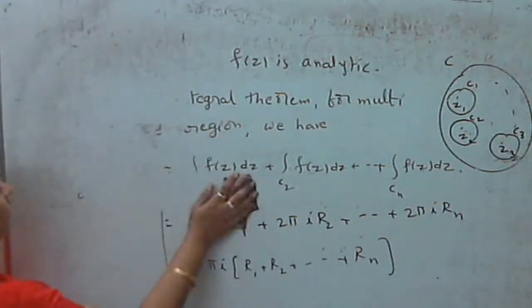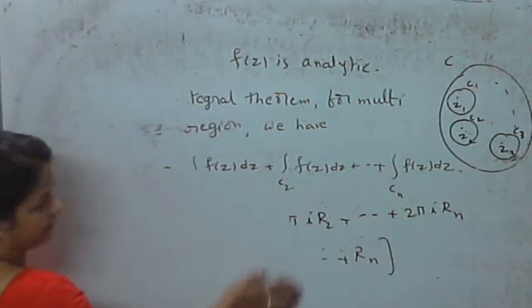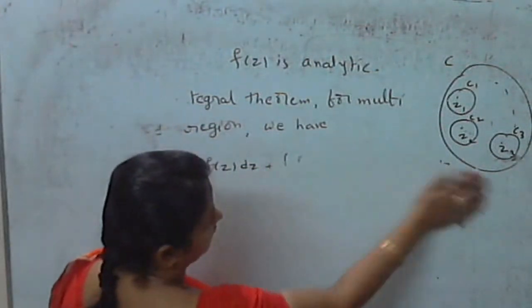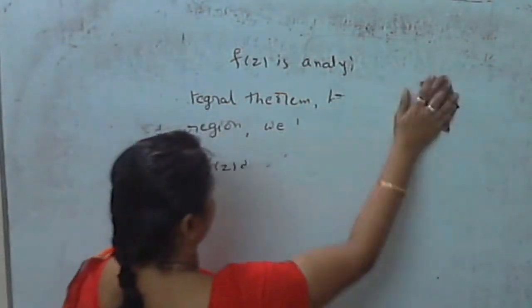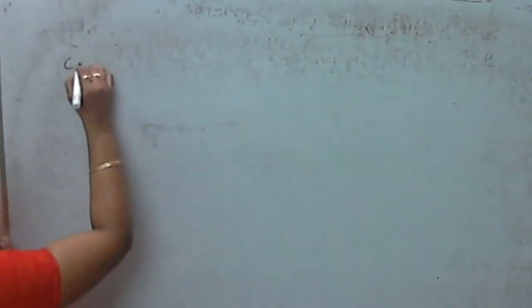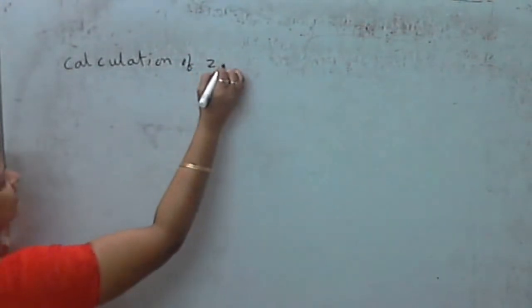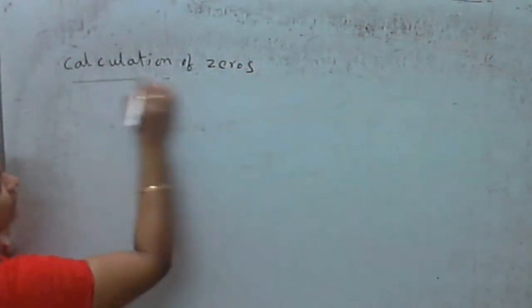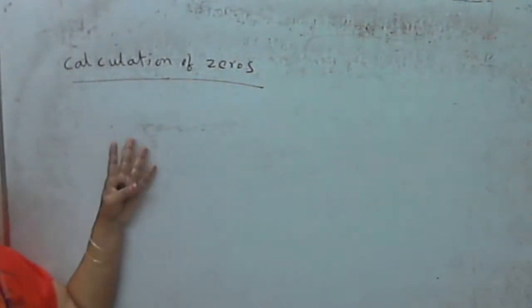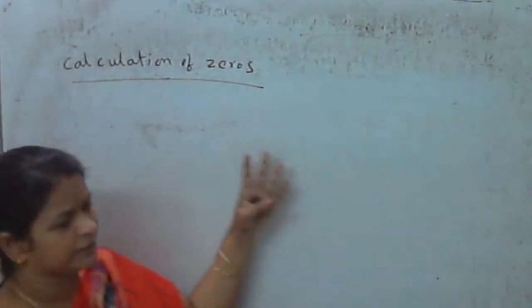Next, how to evaluate zeros, poles, and residues of a given function. What are the formulae for that? Let us see. First, calculation of zeros. If f(z) is given, then how to calculate zeros?